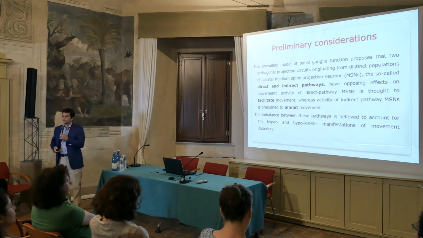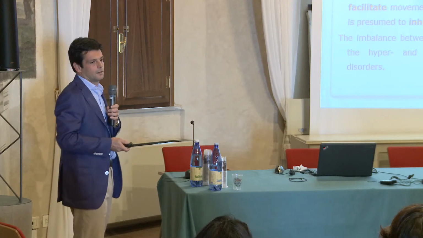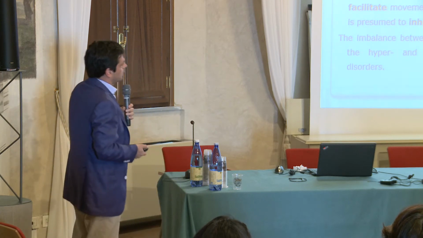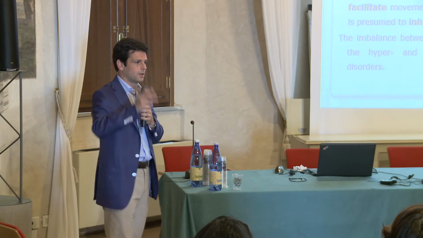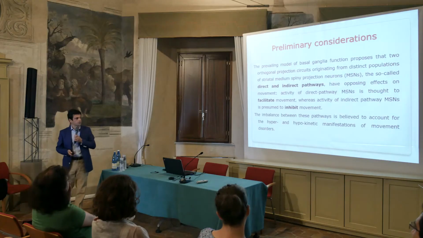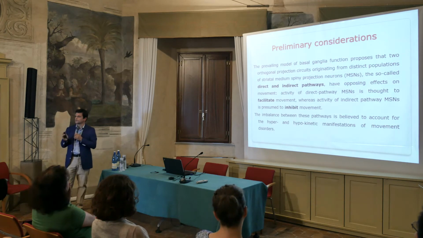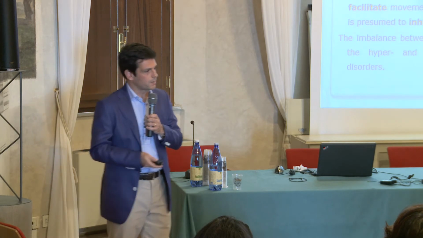So, traditional views of basal ganglia function predict the existence of parallel loops, and mostly two major ways, loops generated by distinct medium spiny neurons. That is the major neuronal subtype of the striatum.